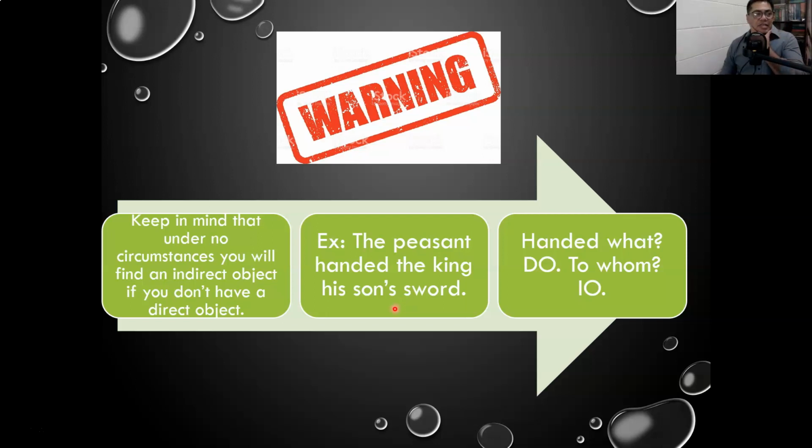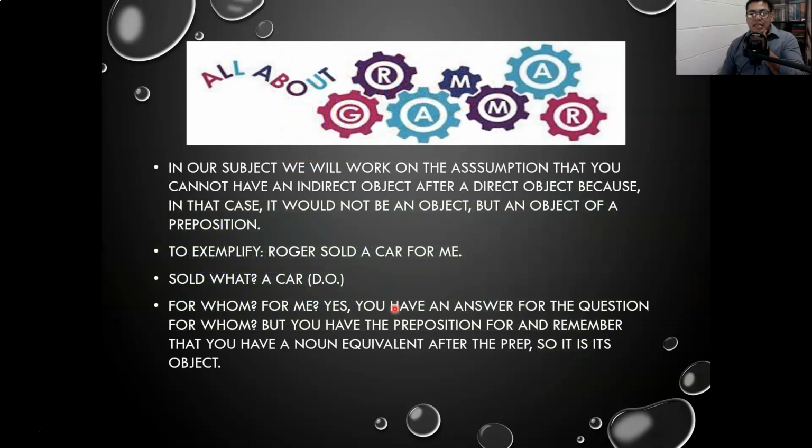So that's only one example, of course, of an indirect object. And you gotta remember that we will only find indirect objects if we have a direct object and before the direct object. So in your subject we will work on the assumption that you cannot have an indirect object after a direct object.